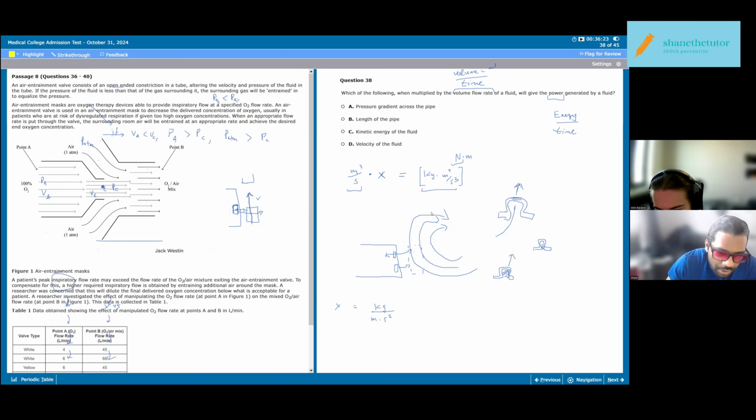All right, let's see. So pressure gradient, what can that be? Delta P. Pressure is force over area, N over m squared. And so that's kilogram times meters per second squared over m squared.